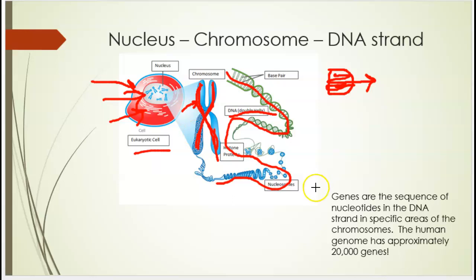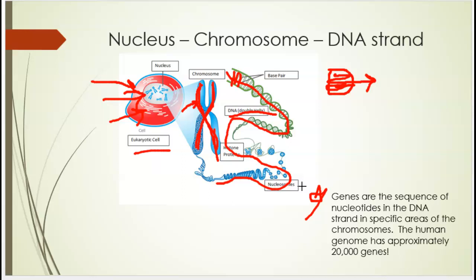Okay, and I did this little definition. I kind of stole some of this from the internet. Genes are the sequence of nucleotides, which are these base pairs. I don't know if you remember A, G, T, all those base pairs that are lined up here. I'm not going to get into it, but if it's ringing a bell, that's what we're talking about. So the sequence of nucleotides or nitrogenous bases in DNA in specific areas of the chromosome.